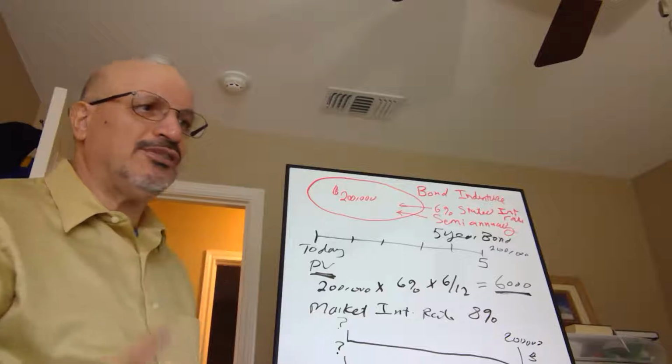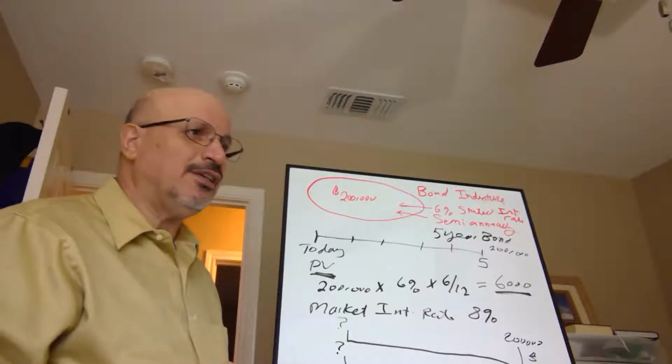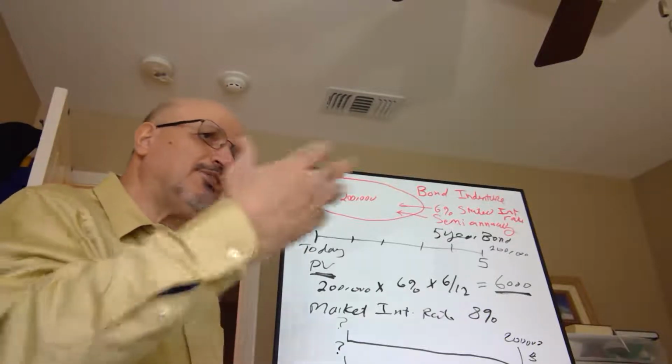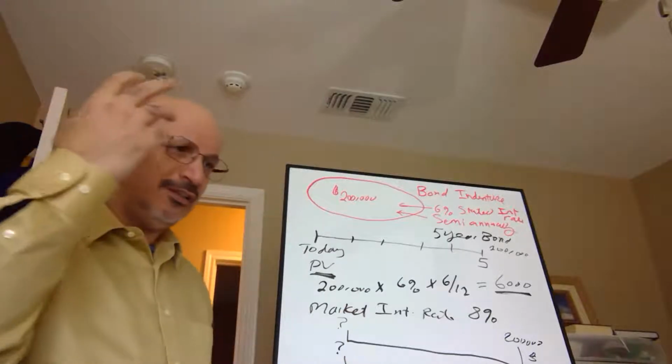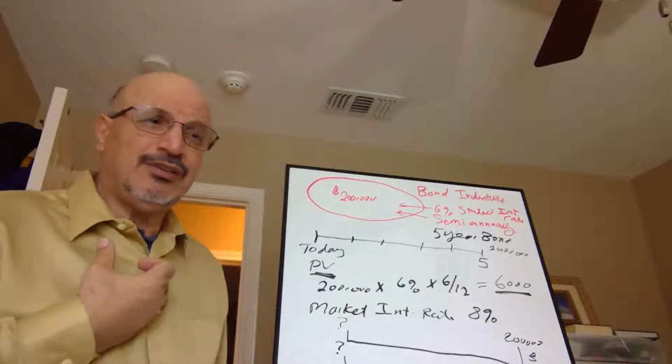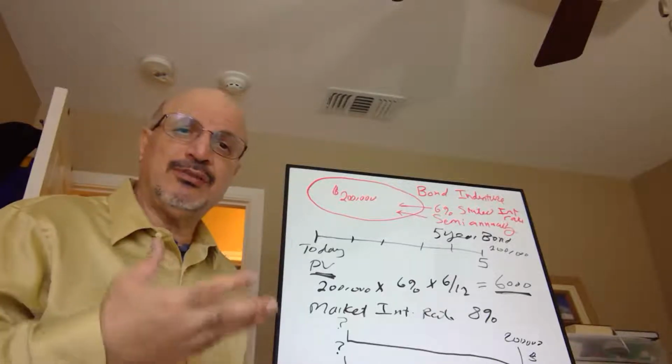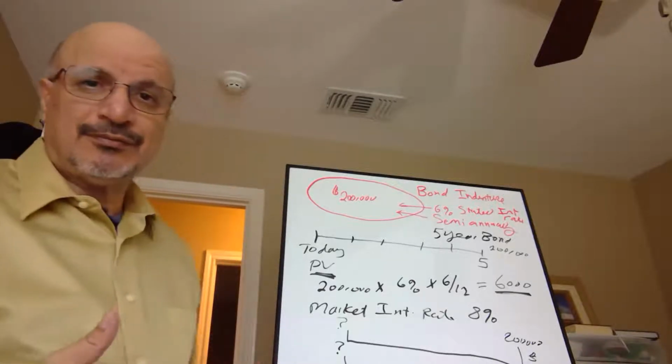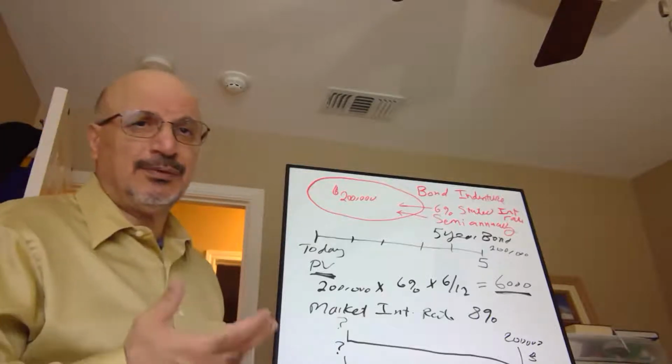So what should we do in this case? In order to attract the investor to come and buy our bond certificates, we will have to cut down on the price of the bond.